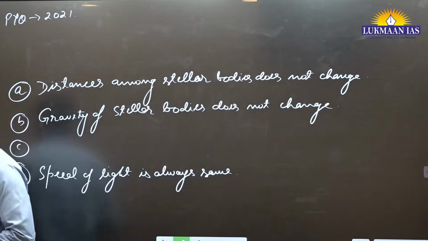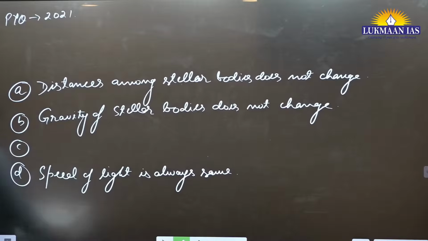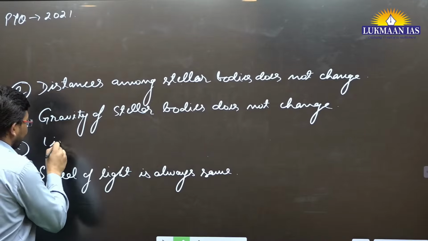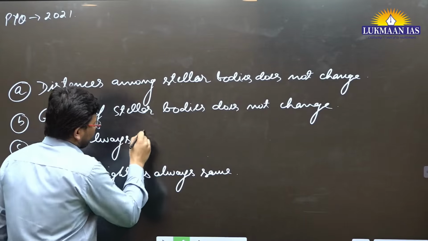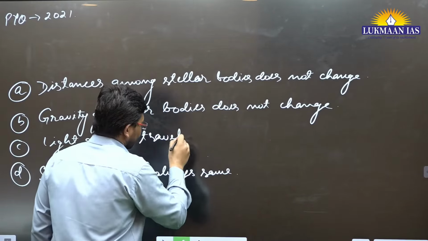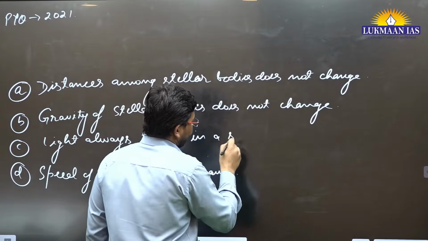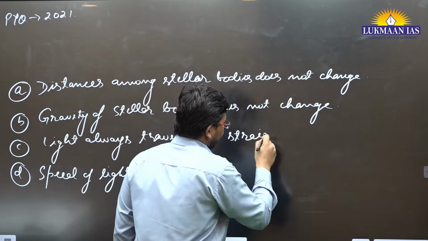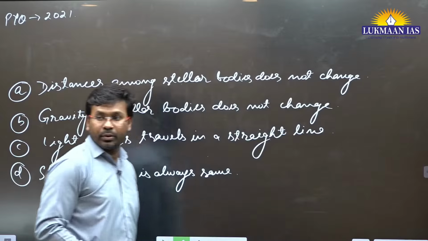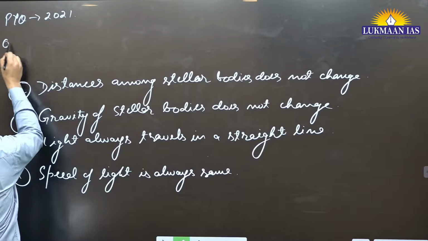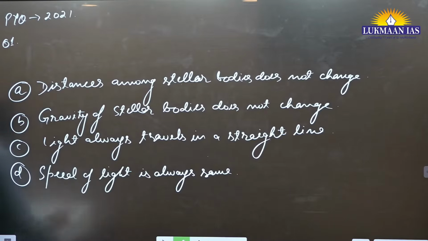Third option, C, was light always travels in a straight line. The statement of the question was very simple: which one of the following is the reason why astronomical distances are measured in light years?